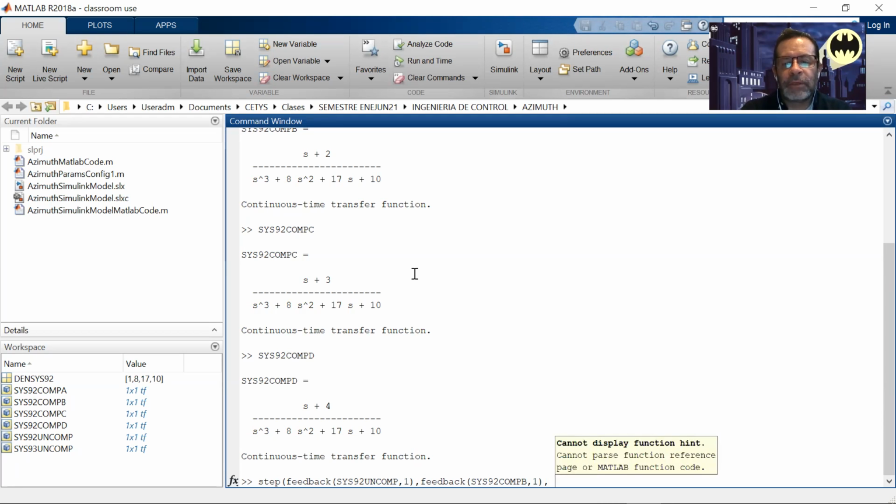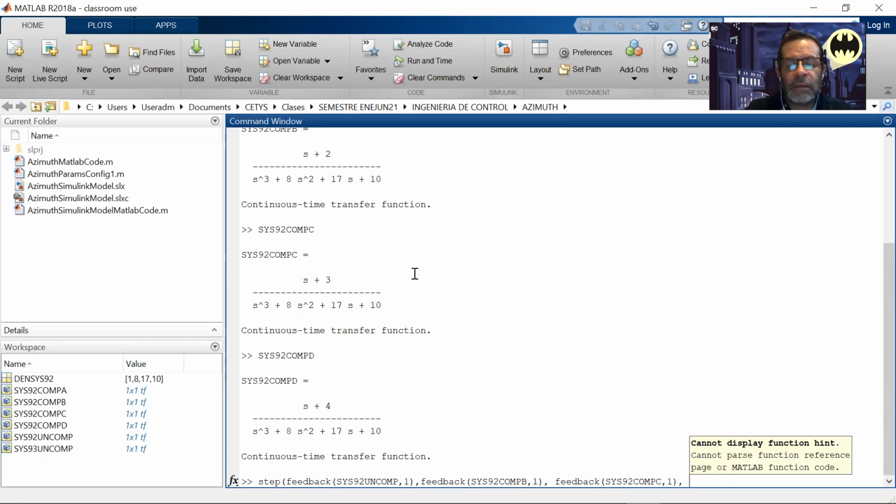I want to put all of them on the same graph: feedback of sys92 comp C, comma 1, and the feedback of sys92 comp D, comma 1. There we go. That should give me the graph of the 4 responses in the same graph.